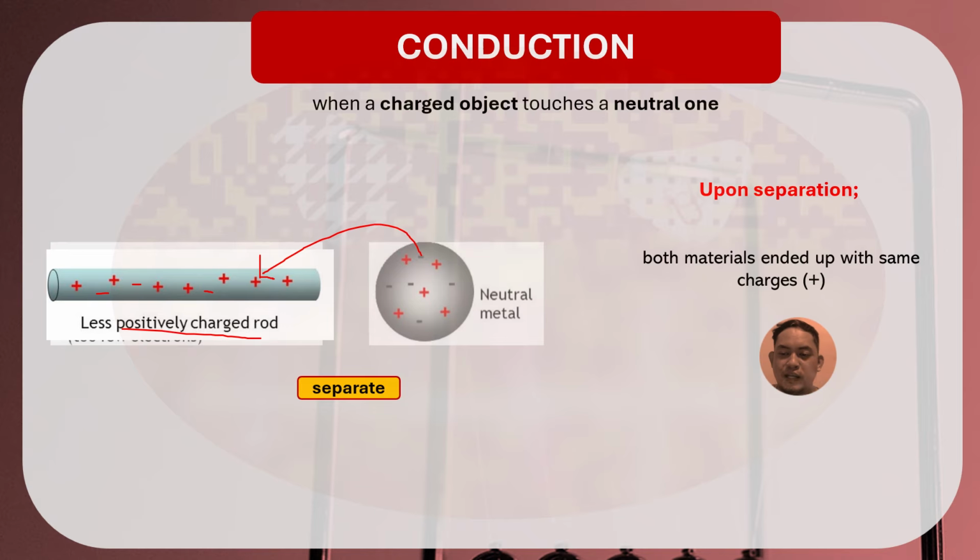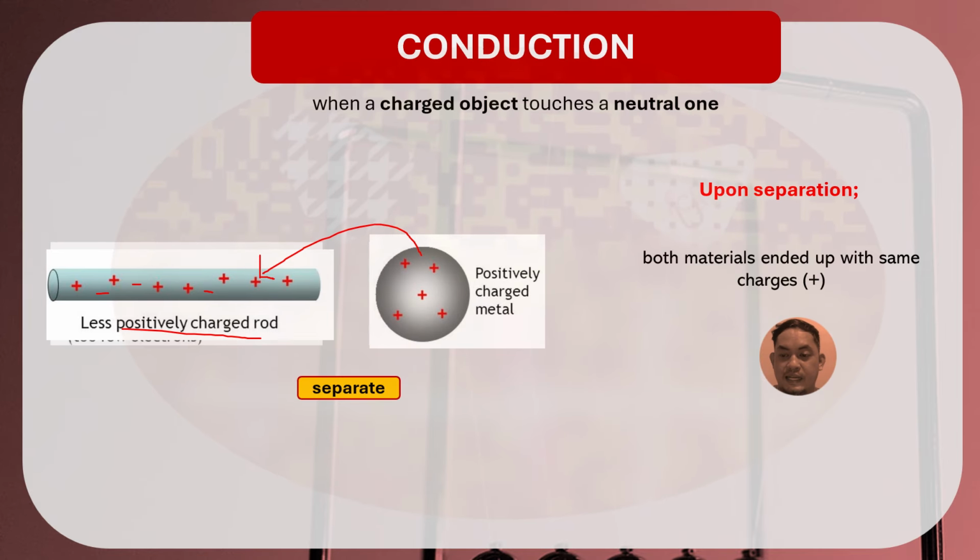So it becomes positively charged, with more protons than electrons. The rod is positively charged but lesser because of the additional electrons from the metal sphere, and the sphere, from neutral, becomes positively charged. So they end up with the same charges once you separate them via conduction.